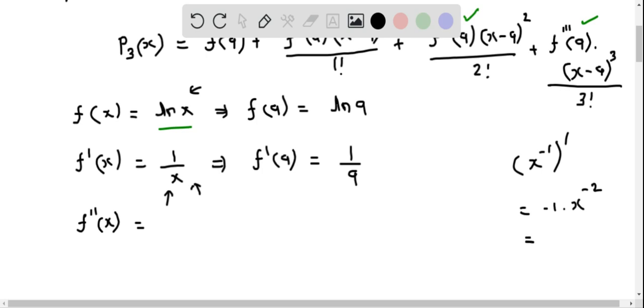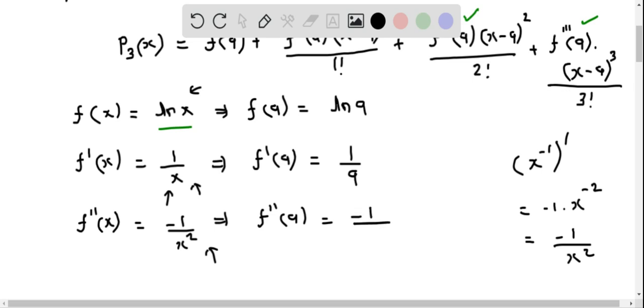This is equivalent to negative 1 over x squared. So f double prime of 9: we substitute 9 into this, and this becomes negative 1 over 9 squared, which is negative 1 over 81.